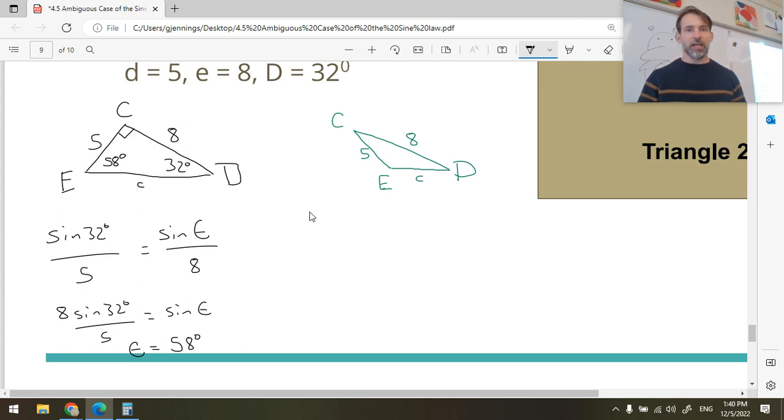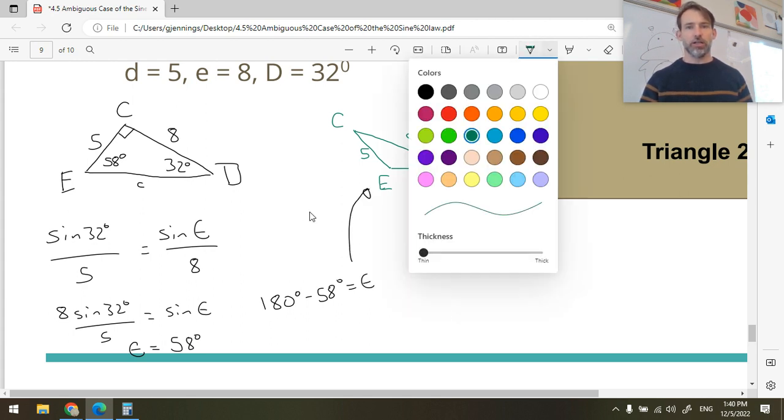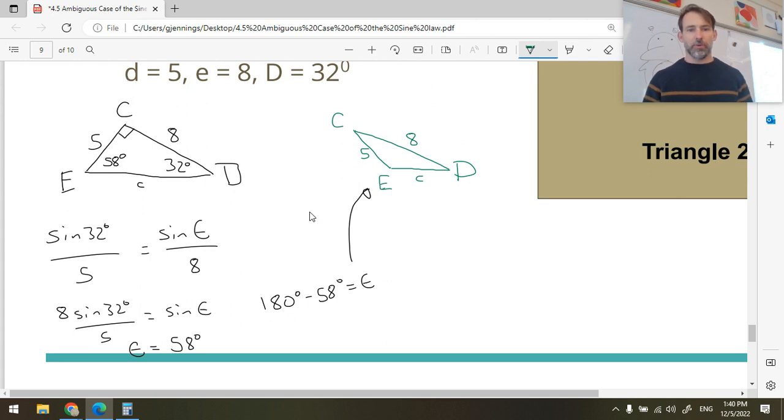So, okay, there is another angle for angle E. The other angle is going to be 180 degrees minus 58, which is also equal to angle E, but up there in that triangle. So I'm going to switch to another color. 180 minus 58 is 122.